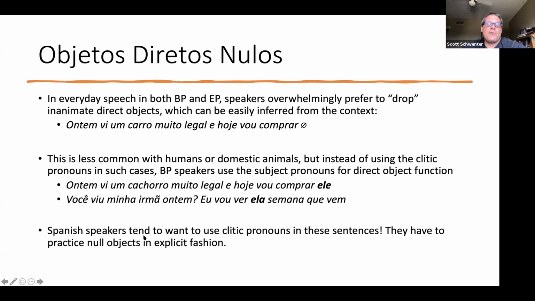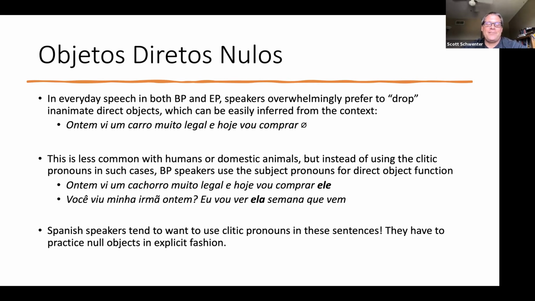So my experience with Spanish speakers here is they want to use the clitic pronouns because they've been drilled for so long on clitic pronouns, on lo and los and la and las, the whole set of them. And they finally get them right. And then they come into Portuguese class and we say, no, please don't use them, right?